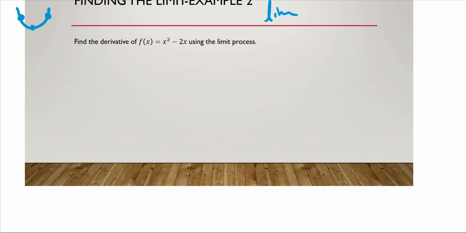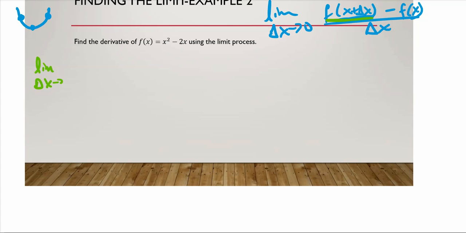The limit, that's one of the objectives, as delta x approaches 0 of f of x plus delta x minus f of x, all over delta x. So I'm going to do this first part right here. That part is telling me to substitute in x plus delta x. So let me include my limit here, the limit as delta x approaches 0.